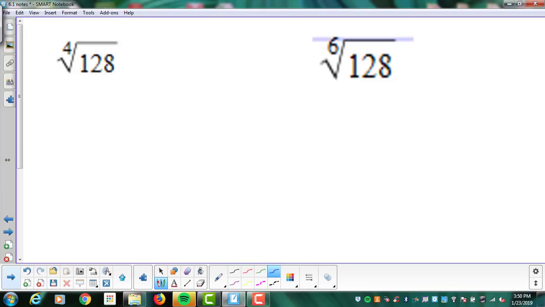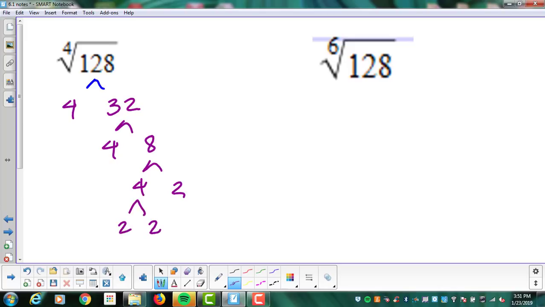So keeping on with the same pattern. I don't know my perfect fourths, so I'm just going to start making a factor tree. I know that's divisible by 4. It's going to be 32, 4 and 8, 4 and 2, 2. So each one of those is 2, 2. Each one of those is 2, 2.